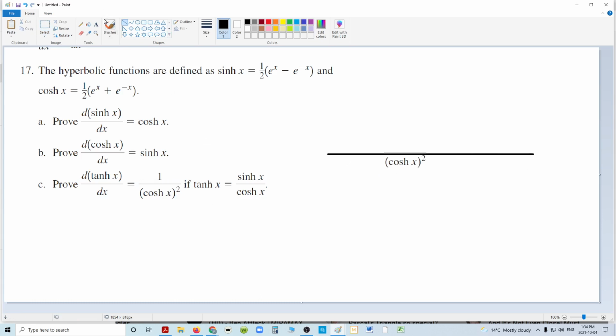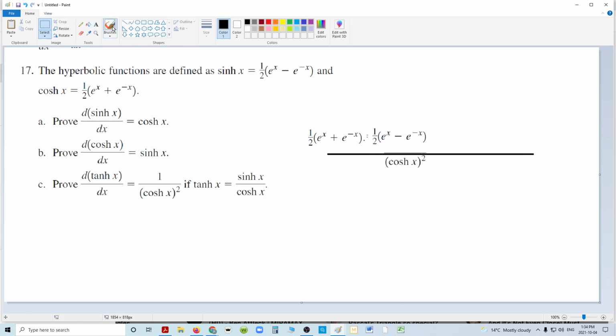I take the bottom function, which is cosh x, and I multiply it by the derivative of cosh x, which I've discovered is sinh x. So all I do is I multiply it by the same formula as sinh x.